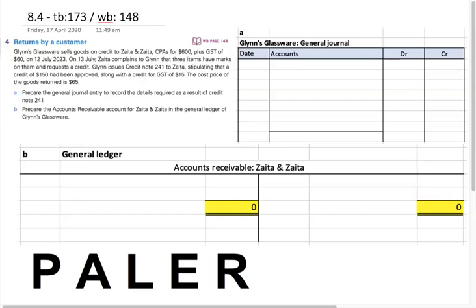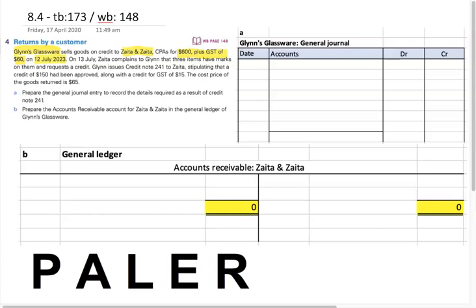Glynn's Glassware sells goods on credit to Zeta Zeta. We know it's a sales return, so if we've done the sale, we are Glynn's Glassware, and we've done it to Zeta Zeta. This sale was for $600 plus GST of $60, and we did this sale on the 12th of July.